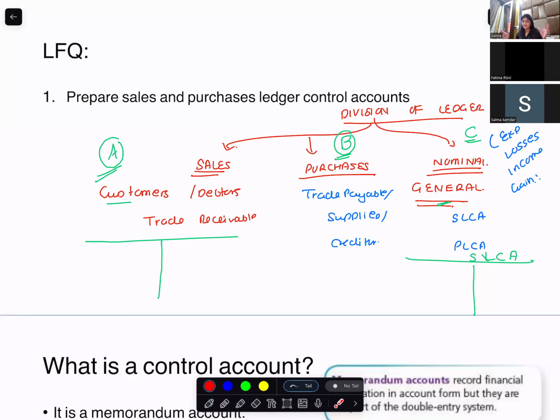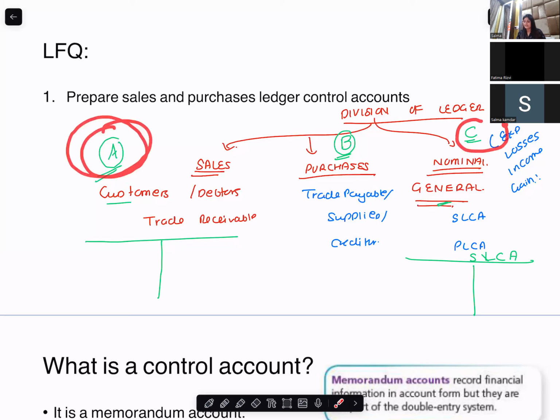These two accounts are maintained by two different people, but they look exactly the same. The account has the same information, same details. The only difference is that this is maintained by one person, and this by another. Why do I do this? So that if this one has made some mistake, I will come to know from here.